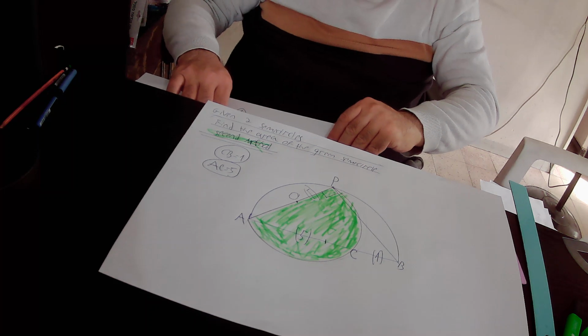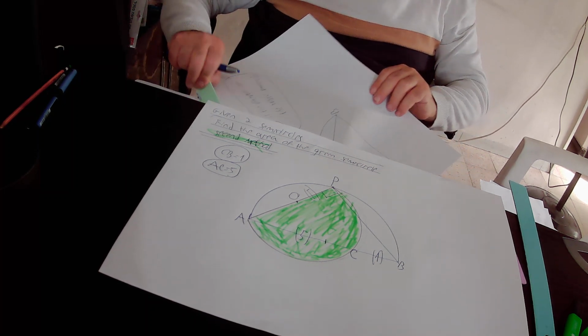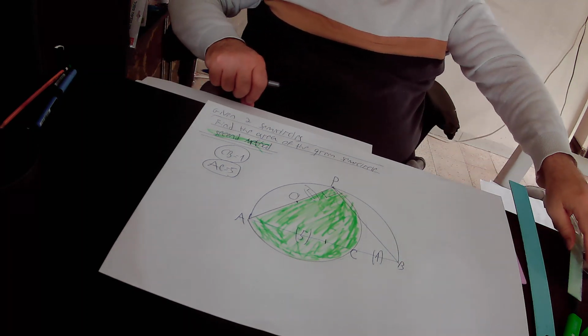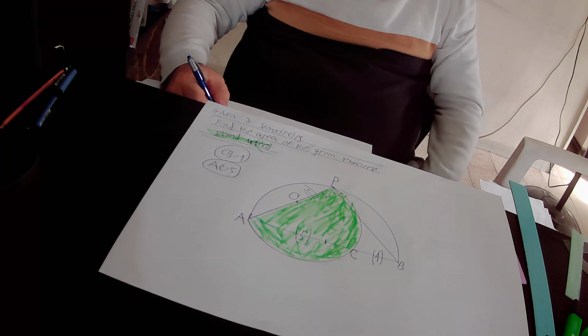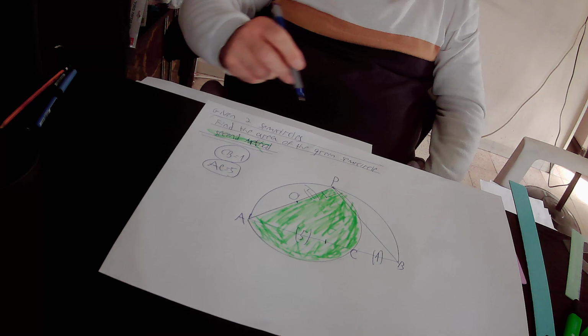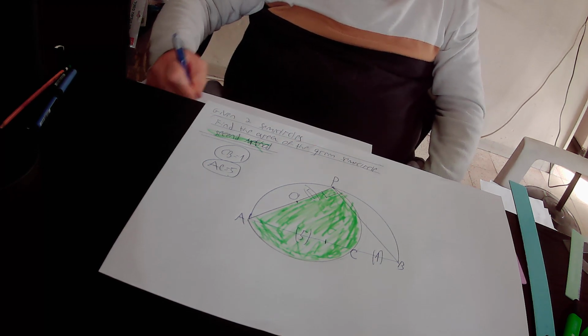So I write it now. According to rule 10, if we focus on the common standpoint point B, we get that BP square equals BC times BA.